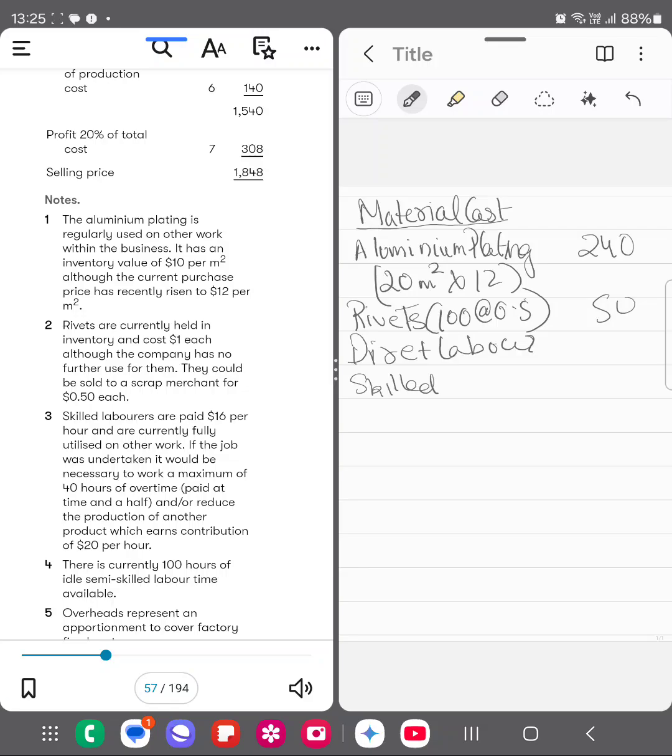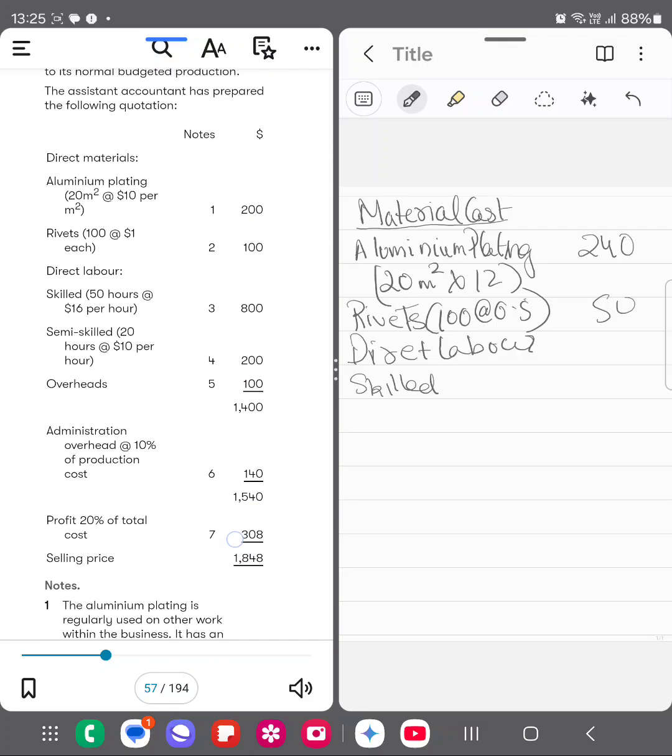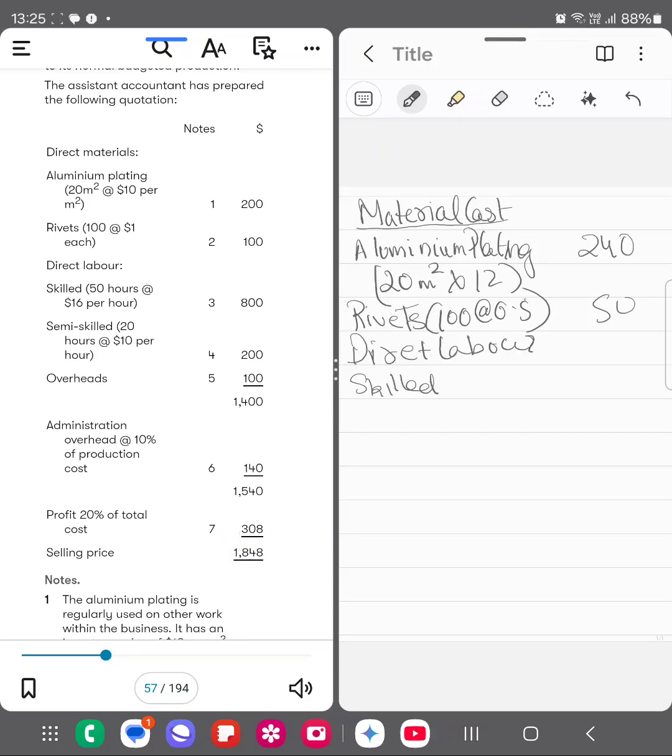Okay, we need to read this all over again. Skilled labor are paid at the rate of 16 per hour and are currently fully utilized on other work. If the job was undertaken, it would be necessary to work a maximum of 40 hours of overtime, paid at a time and a half, or reduce the production of another product which earns a contribution of 20 per hour. So currently, the skilled labor has a limit of 50 hours and the per hour rate is 16.